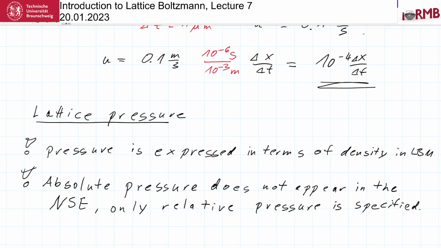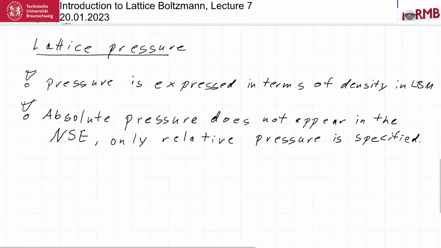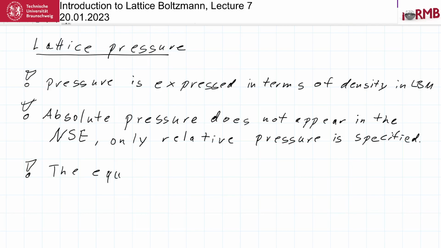So what we do in Lattice Boltzmann is to use the equation of state instead for specifying the pressure, and in Lattice Boltzmann this is actually a linear function.